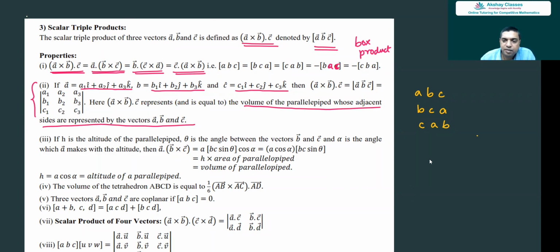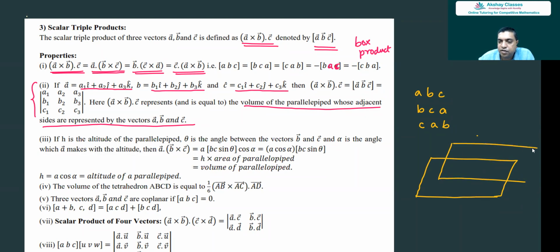What is a parallelepiped? It is a three-dimensional prism-like structure, a rectangular kind of structure, but whose adjacent sides are inclined. It is not necessary that any two sides are perpendicular.